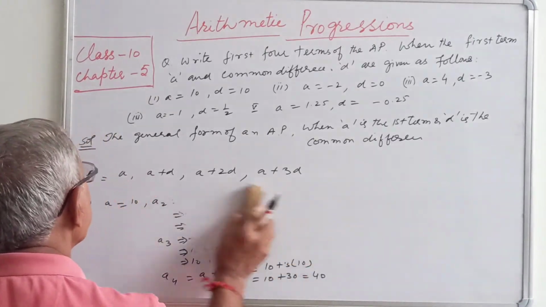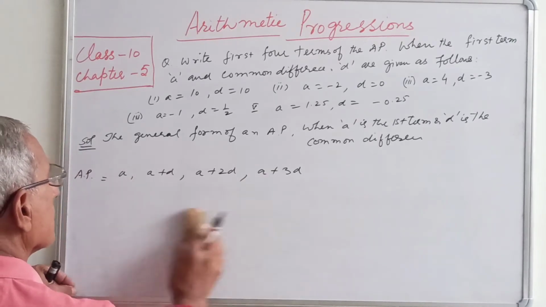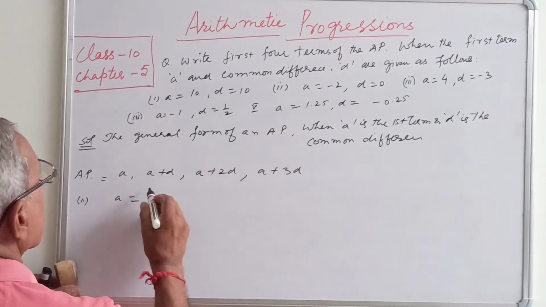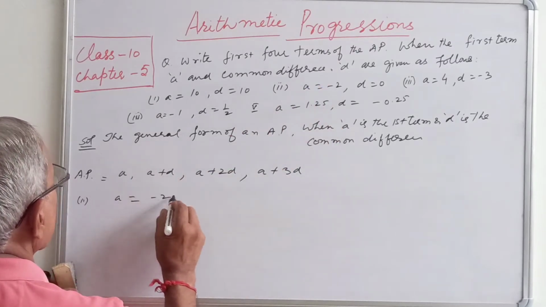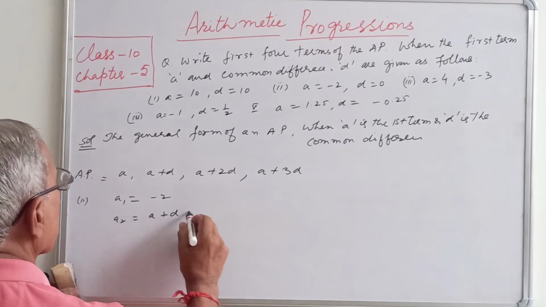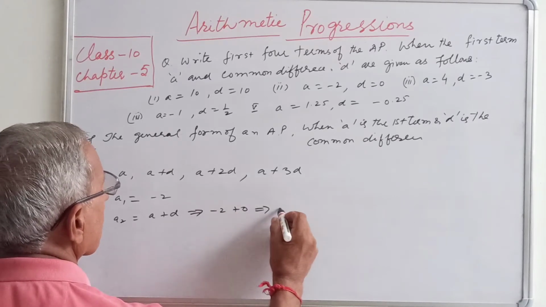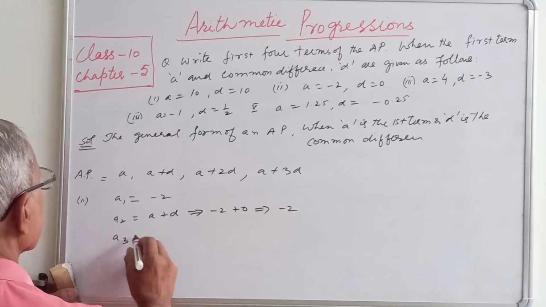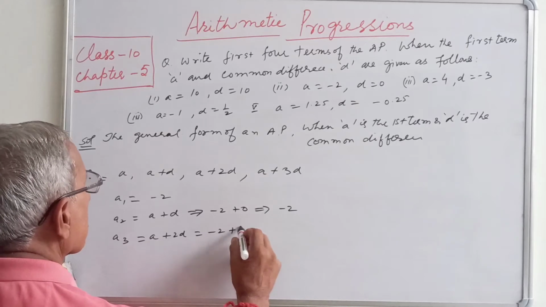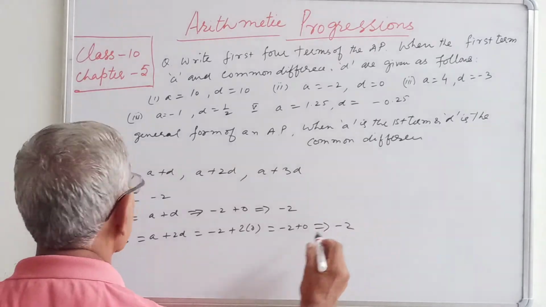The second part. A is minus 2, that is the first term. Second term, A plus D, minus 2 plus 0, so that is minus 2. A3, A plus 2D, so minus 2 plus 2 into 0, so minus 2 plus 0, again minus 2.